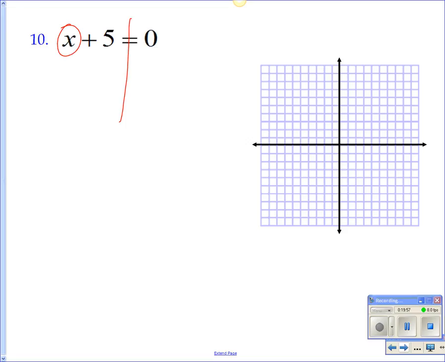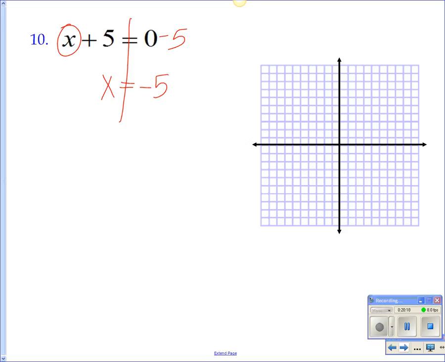So you're going to circle X. How do I move plus 5 to the other side? -5. What is 0 minus 5? Negative 5. Okay.